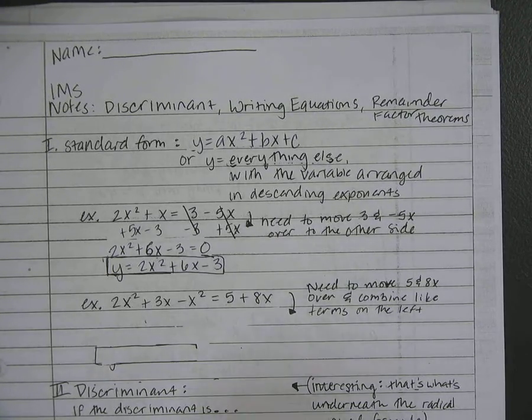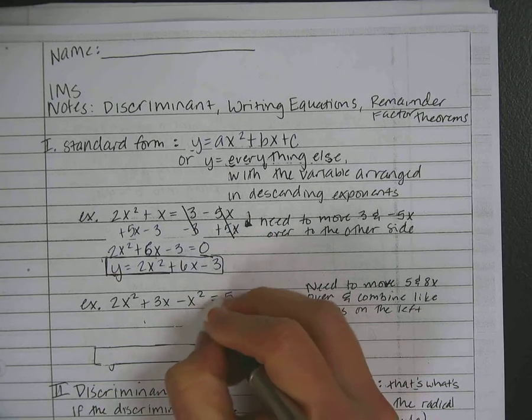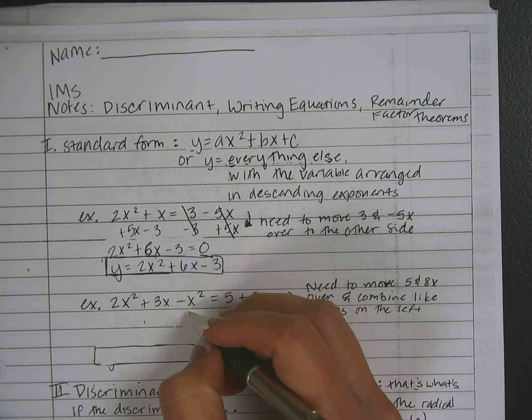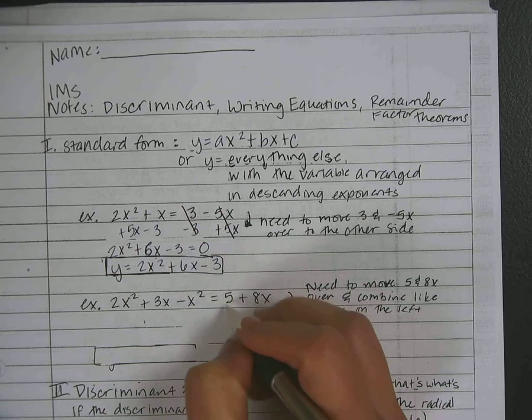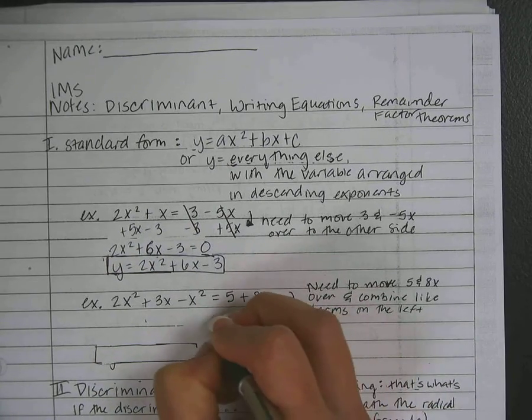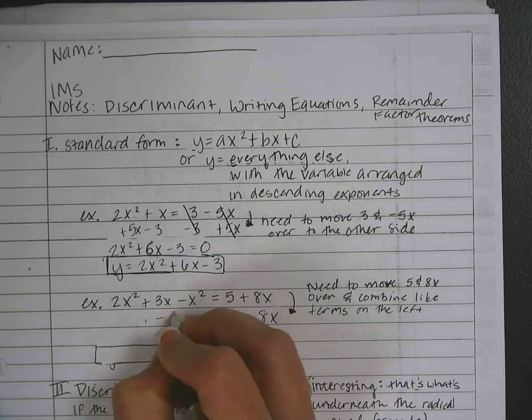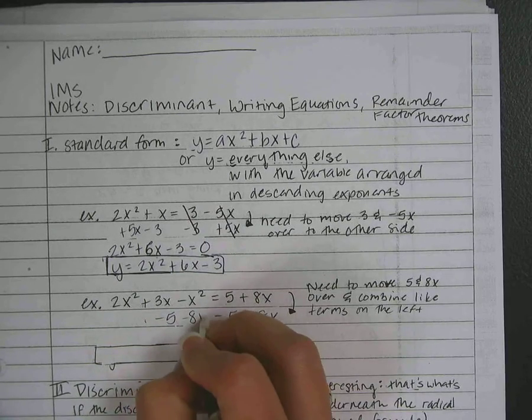Okay, I'm going to go through it now. My x squared over here is negative, so I want to go ahead and bring everything to the same side, and then I can flip everything's signs. So I'm going to say minus 5 and minus 8x.